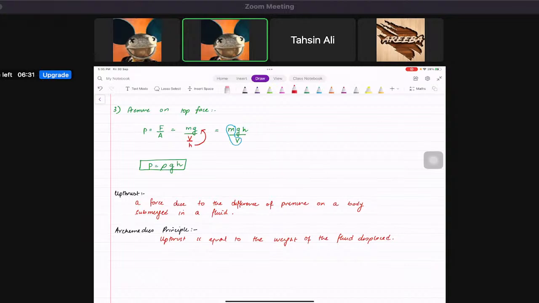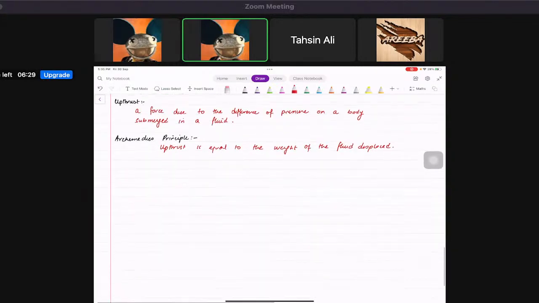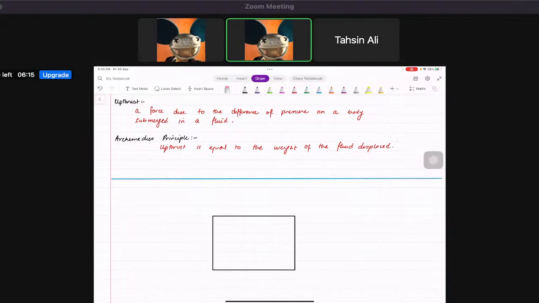Now, suppose that we're looking at a body that's completely submerged inside a water body, and there is an object we're looking at like this. Let me make it on the other side because then I'll have to do the derivation here.